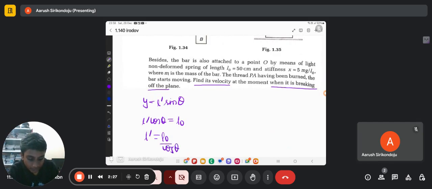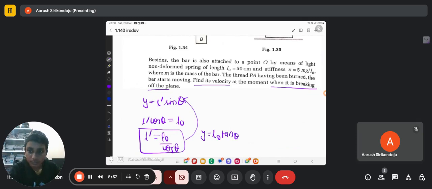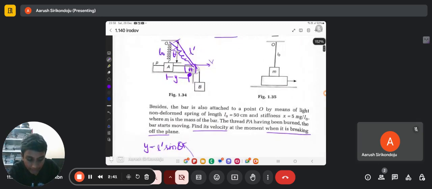Now if we substitute this value over here, we get y equals L naught tan theta. Now if A has traveled this distance, which is y, B will also have traveled the same distance but vertically.